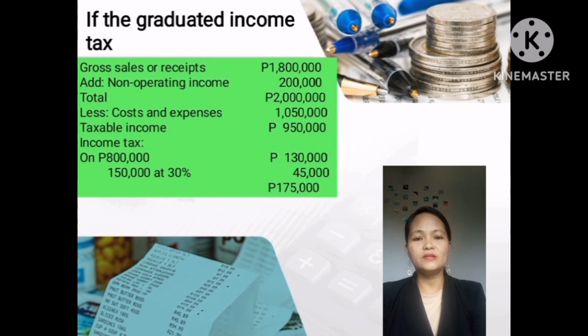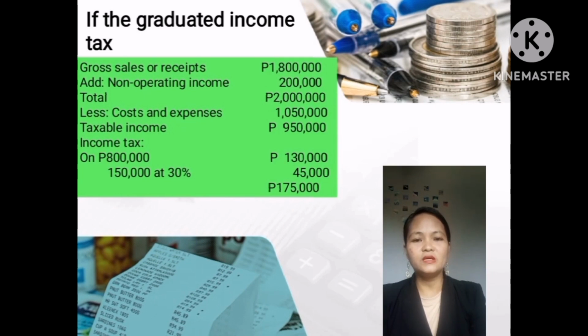Then sa graduated income tax naman, since na-discuss na ng ating previous reporter about doon sa income tax table under TRAIN law, pag sinabi palang exceeded 3 million pesos ang income ng taxpayer, meron tayong addition na VAT or value added tax na tinatanggal sa kanyang taxable income. So, balik tayo sa graduated income tax.